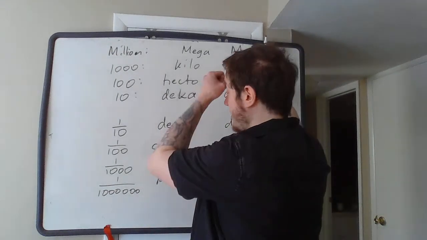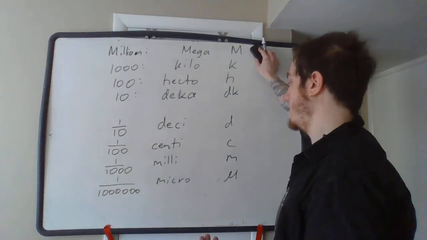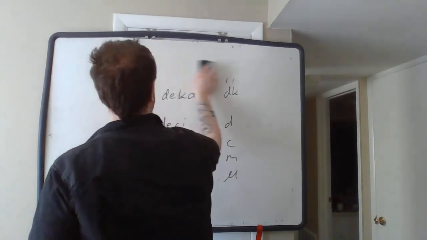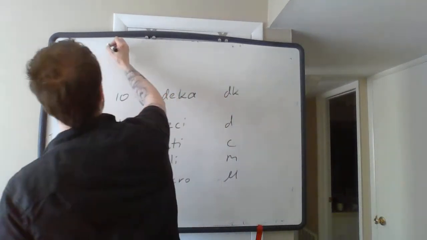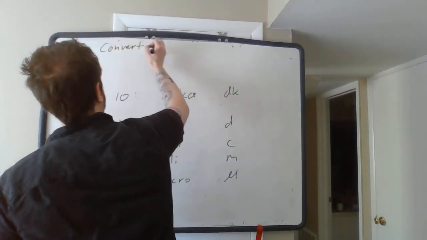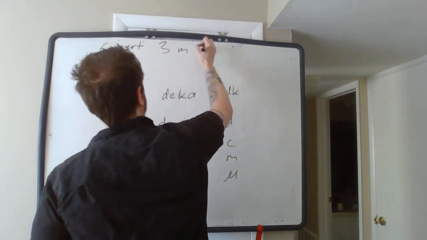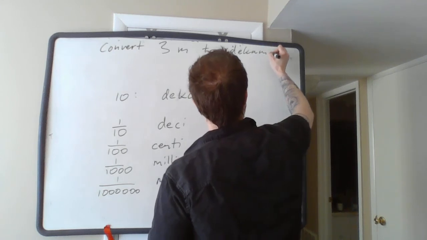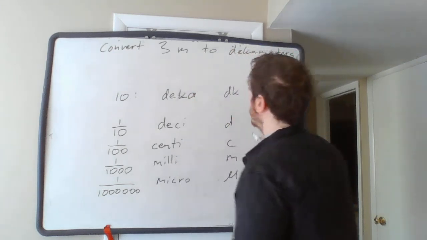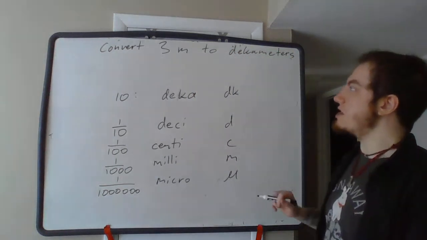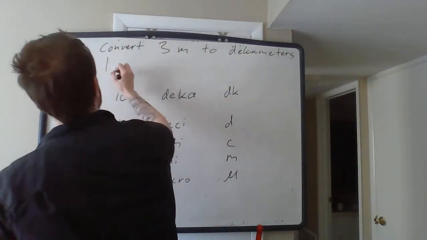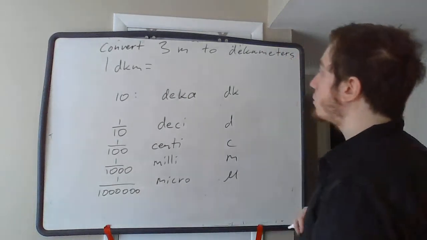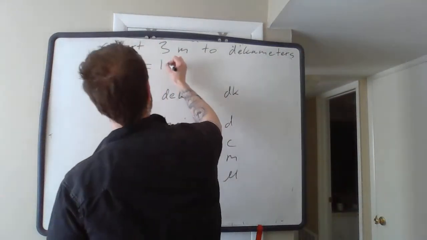So to give you an example of using this kind of stuff, if I were to tell you, okay, I want you to convert 3 meters to decameters, we could say, well, the thing that we know is that 1 decameter is going to be equal to 10 meters.